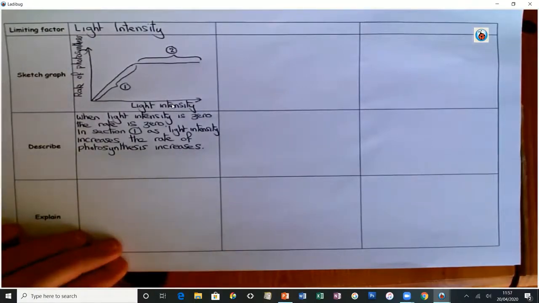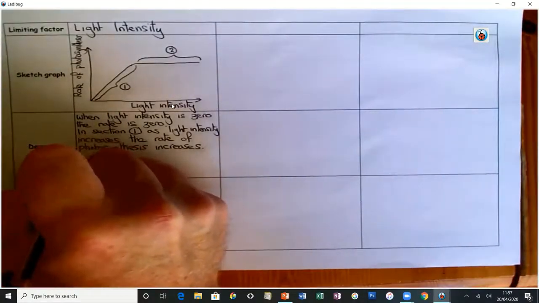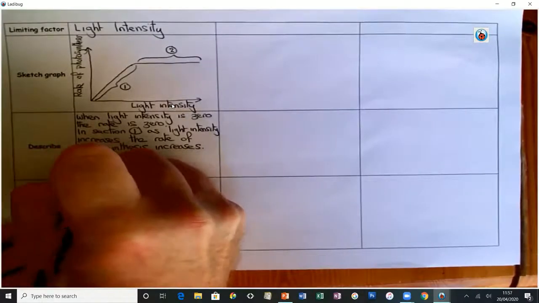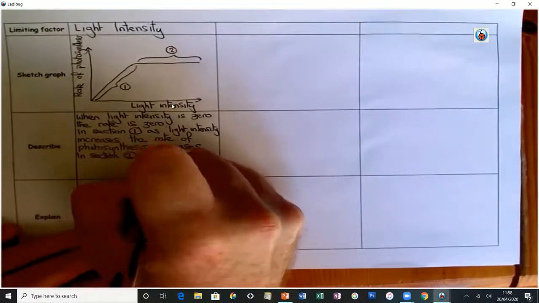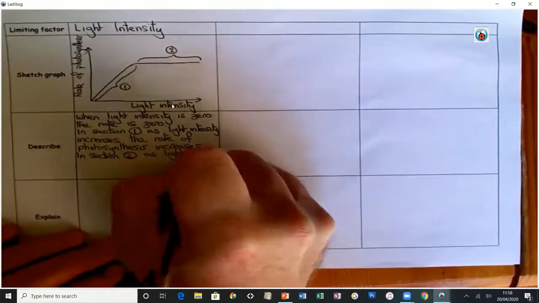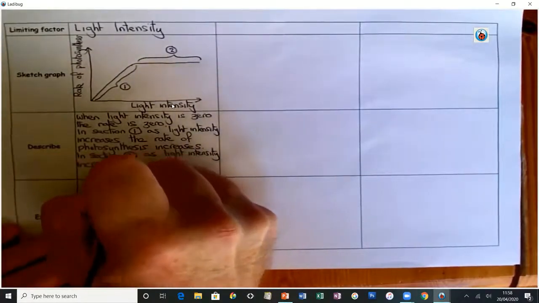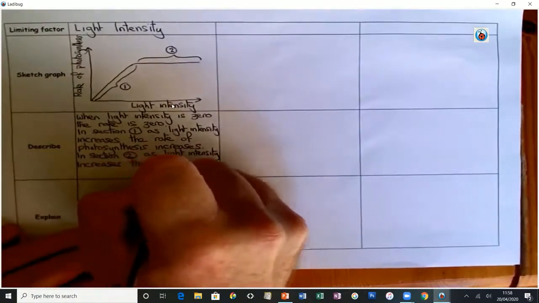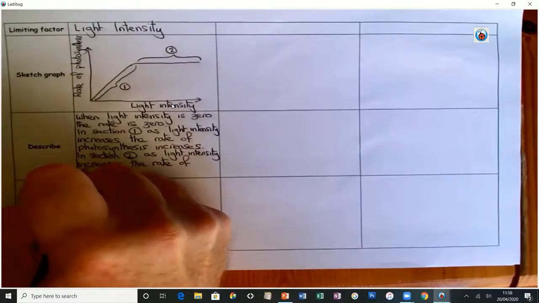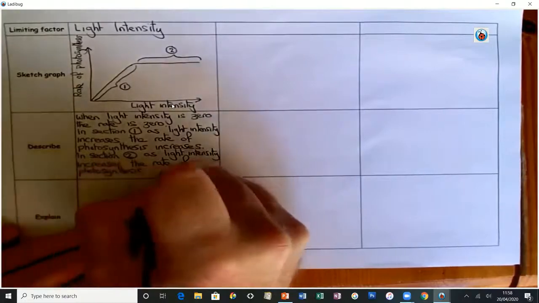In section 2, we can see that as the light intensity continues to increase, the rate of photosynthesis actually stays the same. It levels off. So in section 2, as light intensity increases, the rate of photosynthesis stays the same.